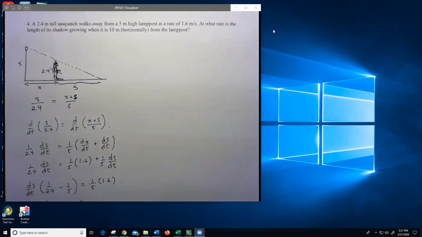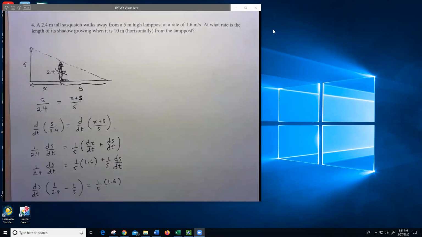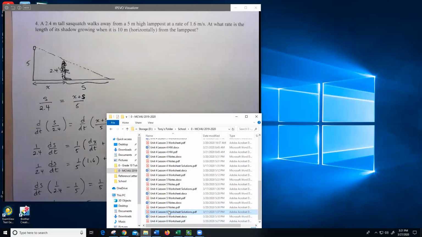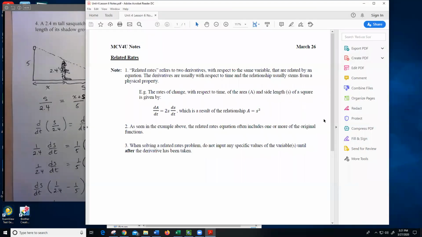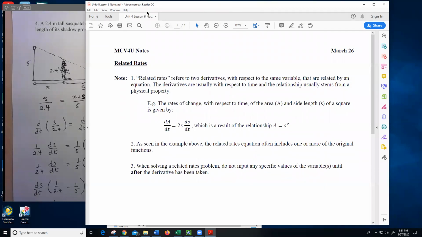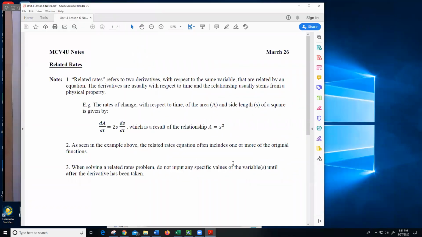So let's just take a quick look. You'll see that the notes don't have much to them, because the actual procedure is always the same, but it doesn't really help you solve the problem that much. So essentially, what does it tell you?